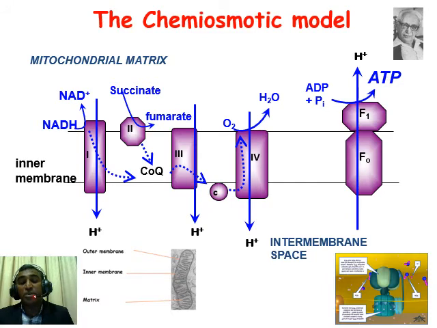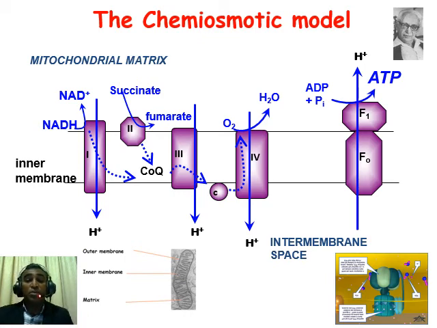Because electrons travel, they have high energy, and this high energy is given to something like a pump that brings the hydrogen ion from the matrix to the intermembrane space. Eventually, in the intermembrane space, there will be a high gradient of hydrogen ion. It is referred to as proton motive force, and has nowhere else to go.